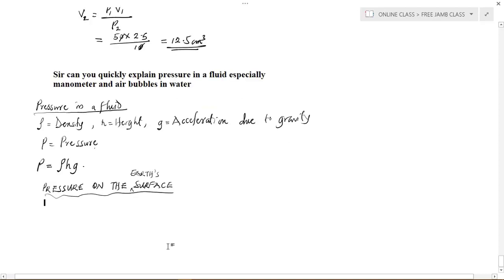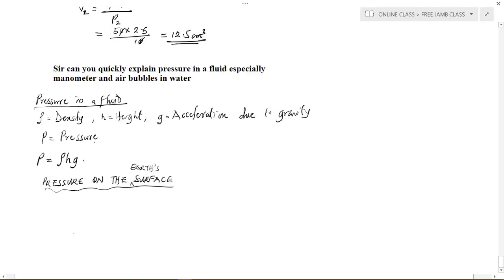If it is on the Earth's surface, let's say it is ground level or sea level, they are the same thing. So the pressure here, let's say it's P1, is always capital letter H. That is the pressure acting on it, and it's called the atmospheric pressure. The pressure on the Earth's surface by the atmosphere.